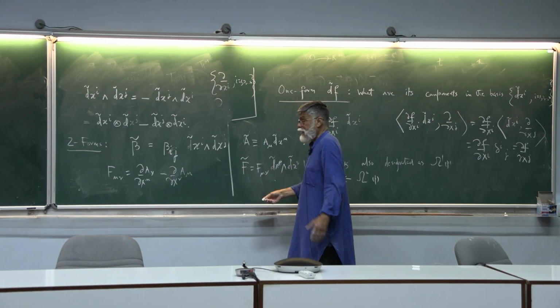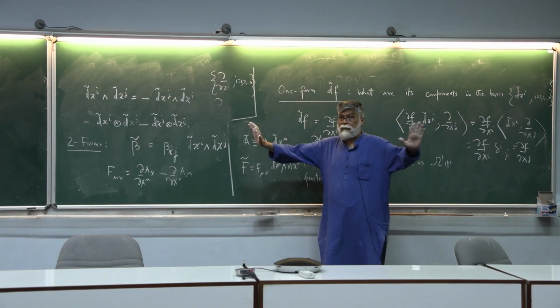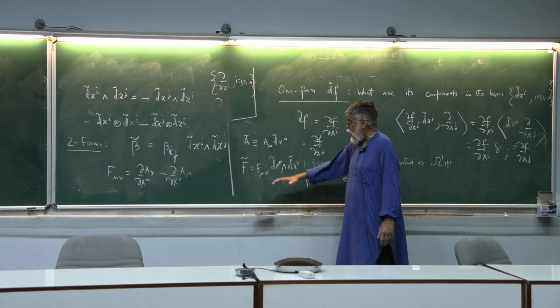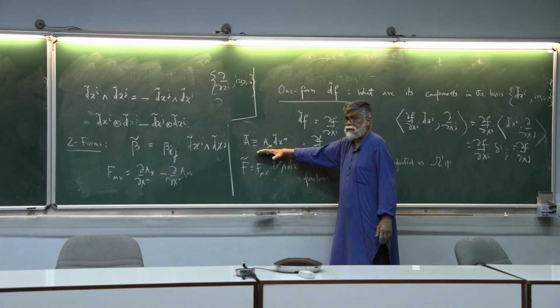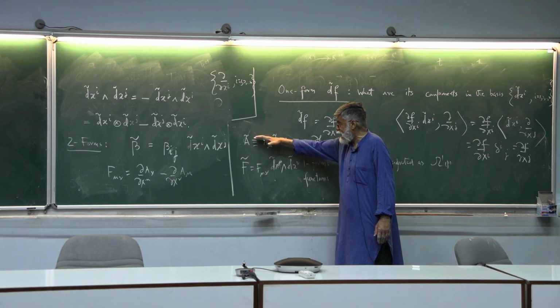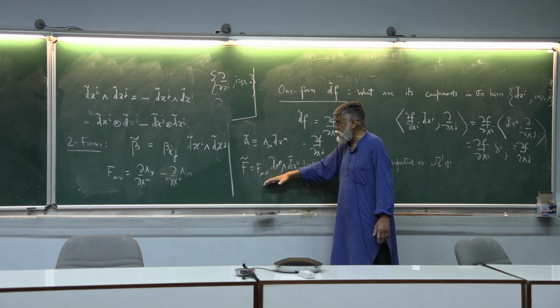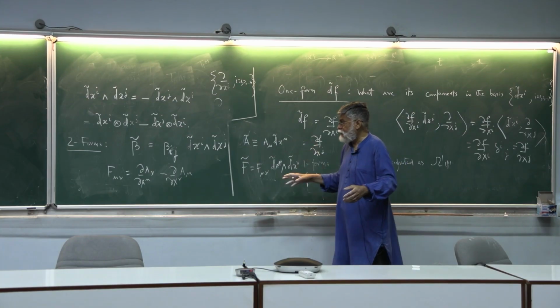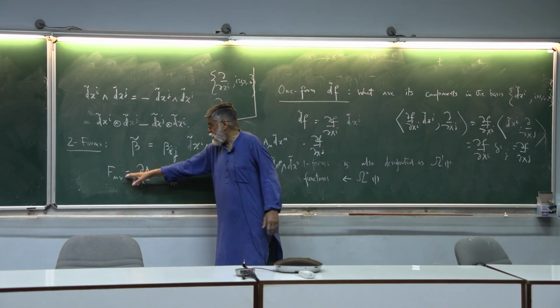Then this F tilde is a 2 form. But then you ask, how is this related to this? Is there a relation between this one form and this 2 form? And you will say that there is a relation, because after all F mu nu is related to this.